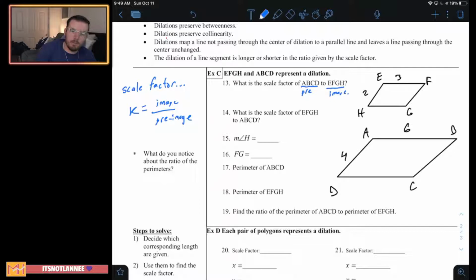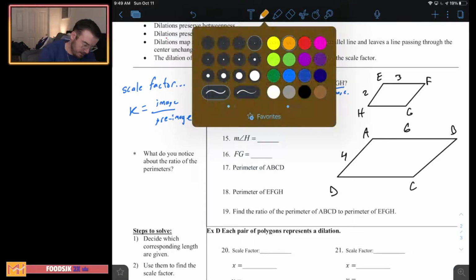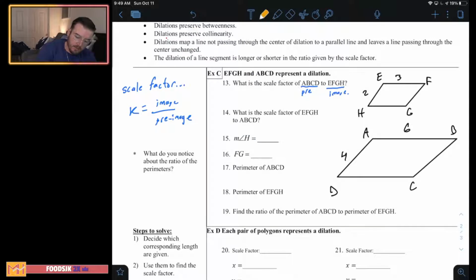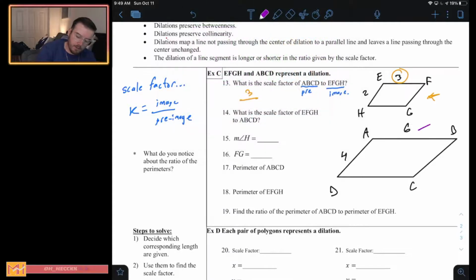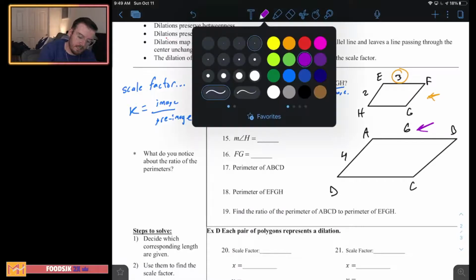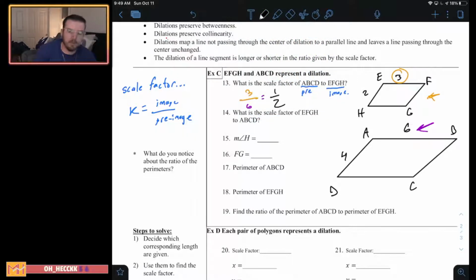So when we say image over pre-image, take a distance from this shape, let's say 3, that's the image over, take a distance from the other shape, 6. Don't choose 4, because those don't correspond. Don't do that. 3 corresponds with 6 and 2 corresponds with 4. So 3 over 6 results in a scale factor of 1/2.